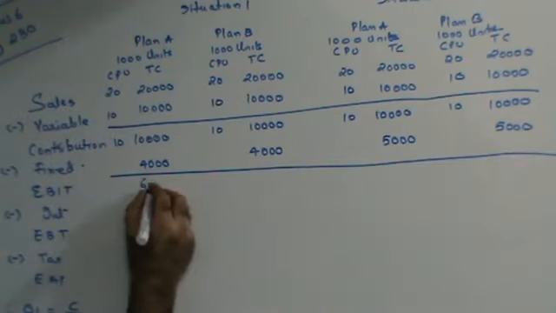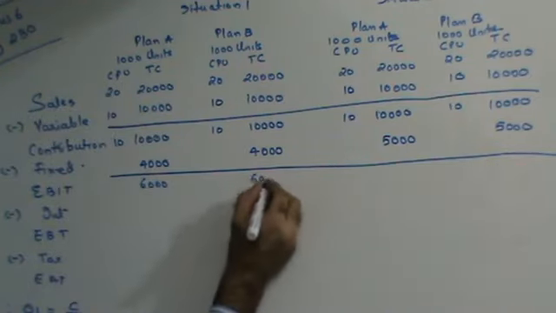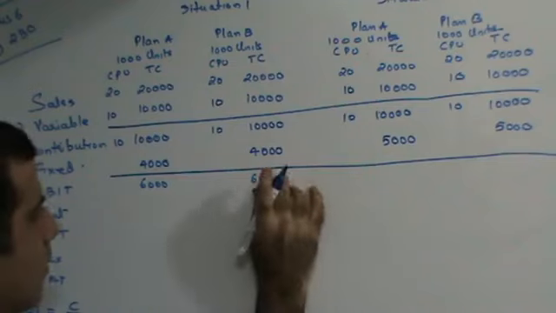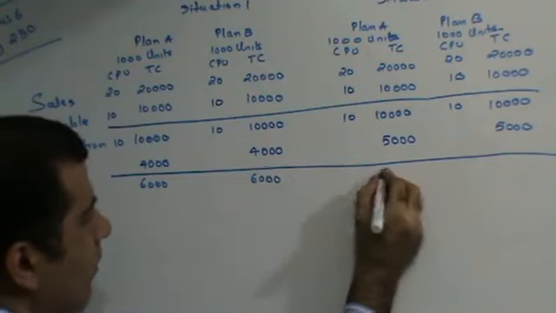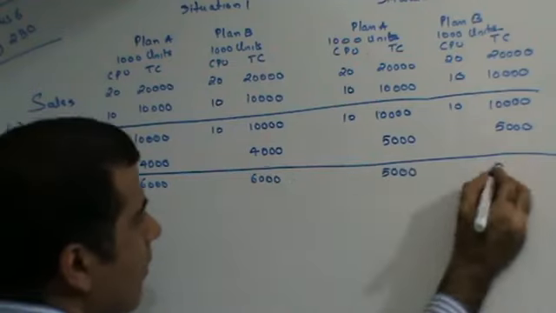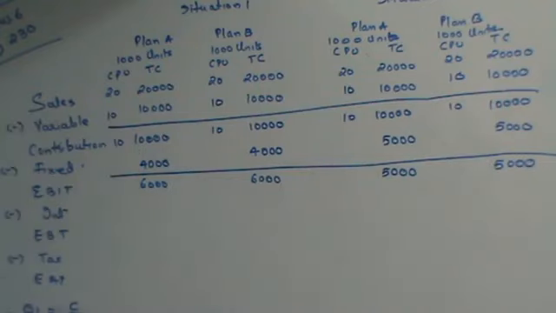So EBIT will be 6,000, 6,000, 5,000 and 5,000.